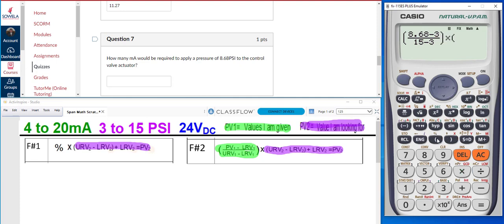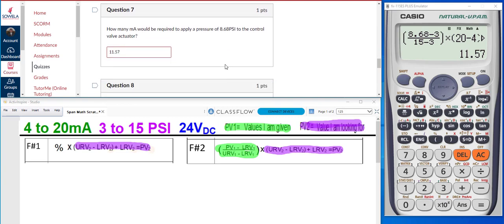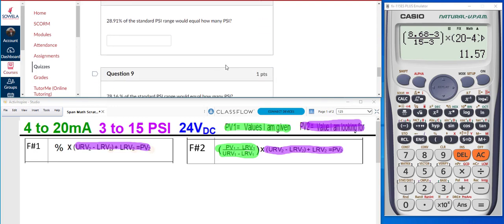Times, open. Now I put in what I'm looking for, how many milliamps. Okay, so it would take 11.57 milliamps to produce a 8.68 PSI pressure.